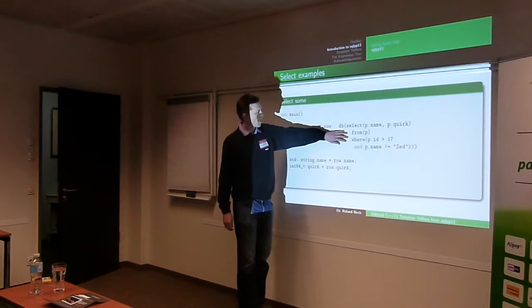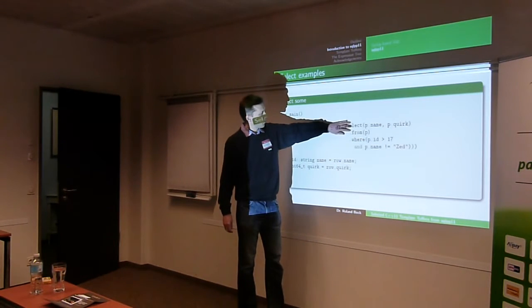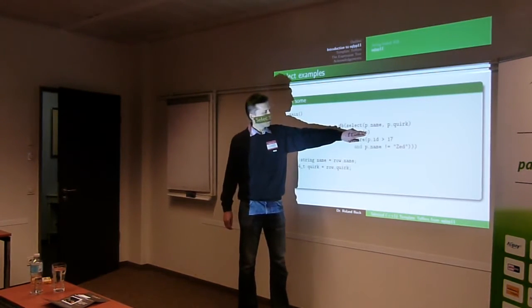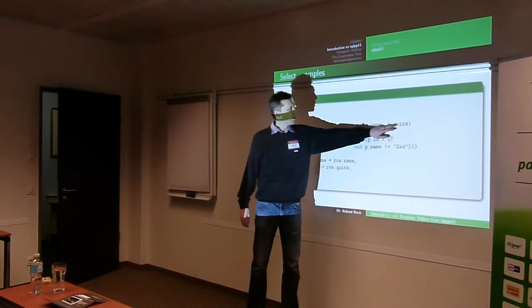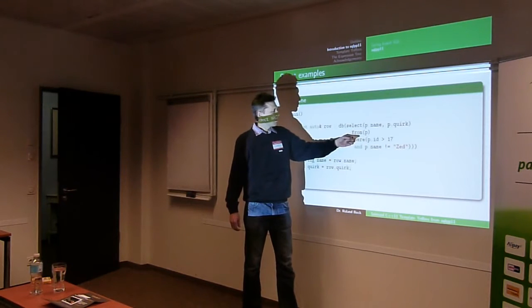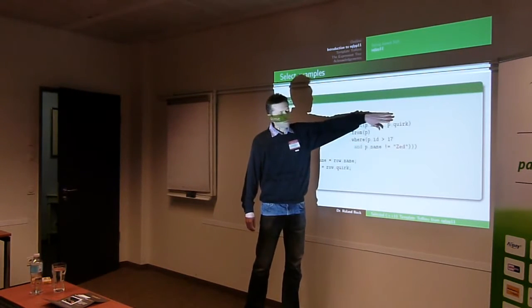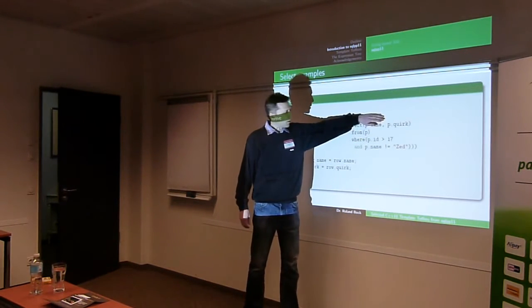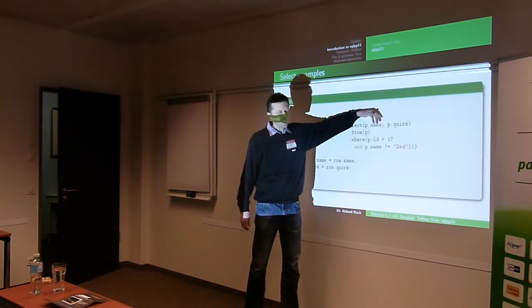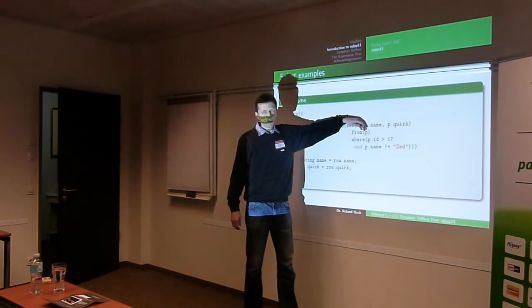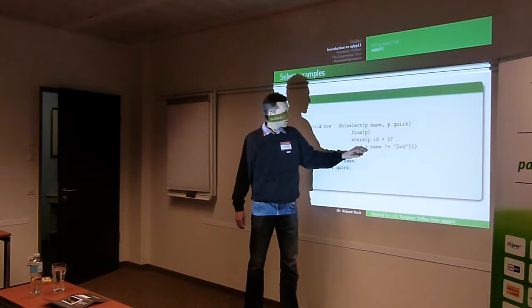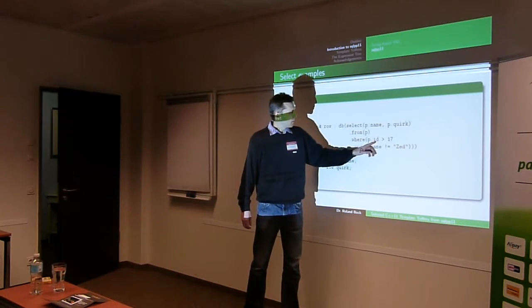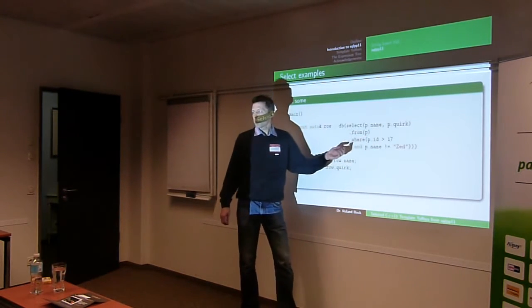Now, the library will tell you if, for instance, P is not a table, that you're doing something wrong. If name and quirk are not members of this table, or if you're using some more complex expression here, and you're using tables in these expressions which are not in the from, it will tell you. It will also tell you the same with these expressions. It will tell you if ID cannot compare to a number because maybe it's a string.